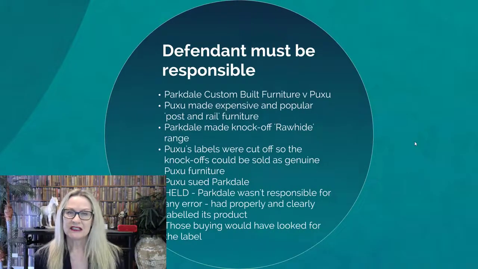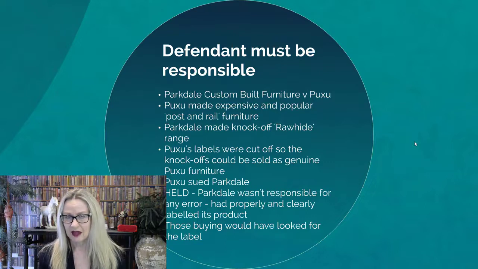The next thing is that the defendant has to be responsible for the misleading or deceptive conduct. And here we have the Parkdale and Puxu case. In that case, Puxu made some rather expensive and very popular in the late 70s, early 80s furniture called post and rail furniture. Parkdale made some knockoff furniture which it called rawhide.